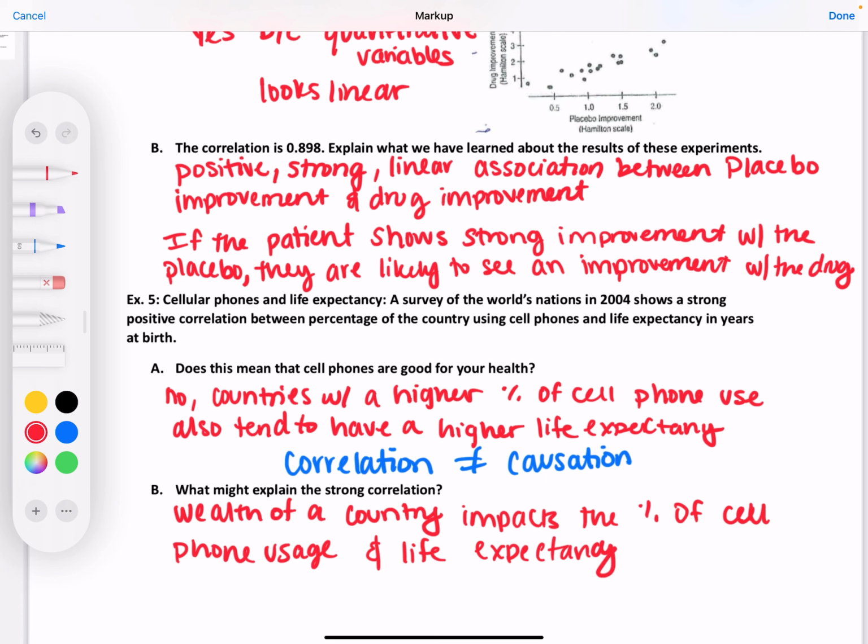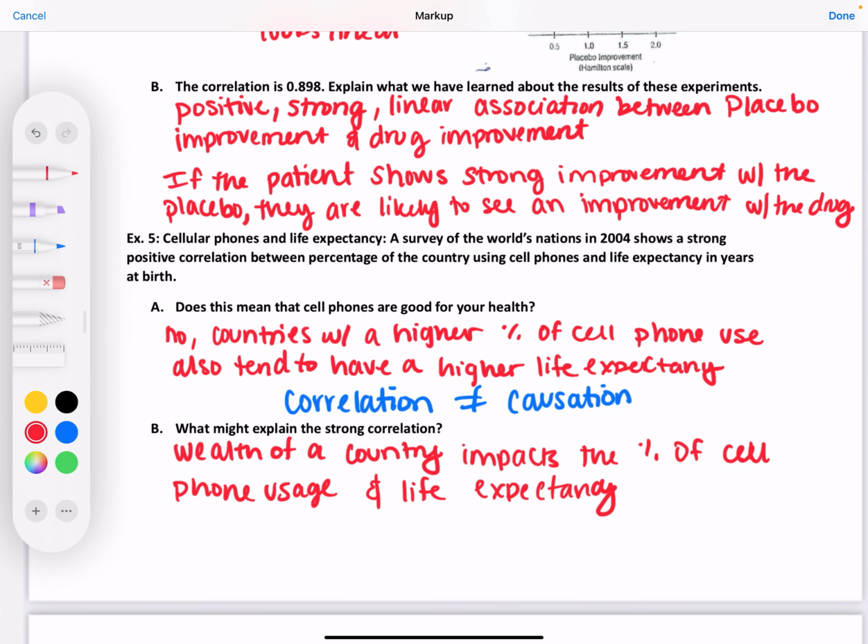Even in Africa, with the Zika virus and all of that, a wealthier country is going to have things to help fight those diseases, which increases life expectancy. So we could say that wealth could be a lurking variable. Not necessarily mentioned, but definitely could be playing a part in what's happening.